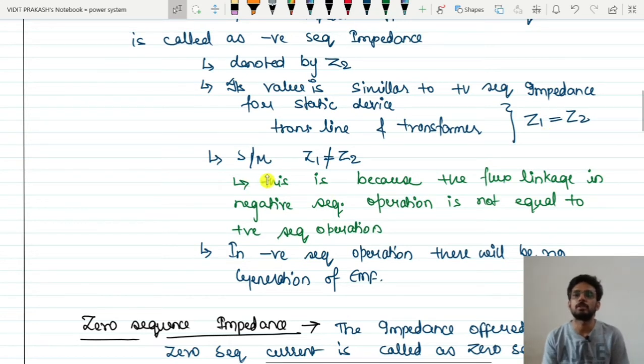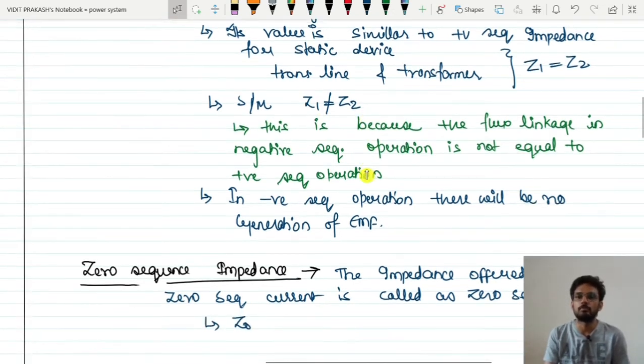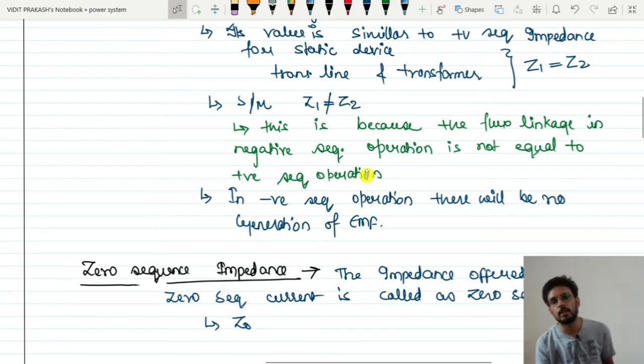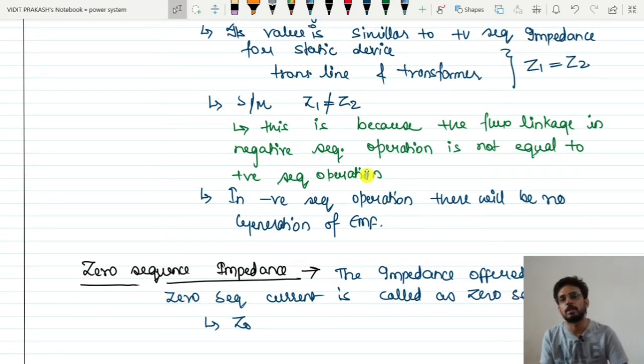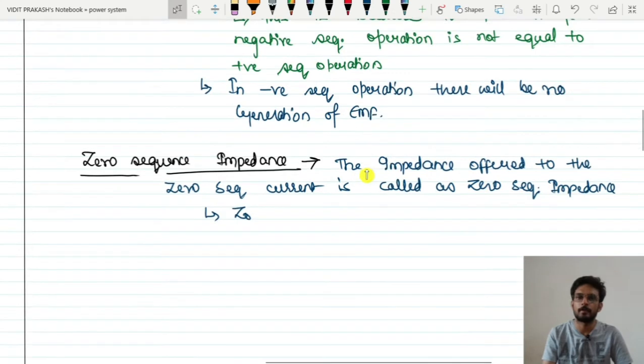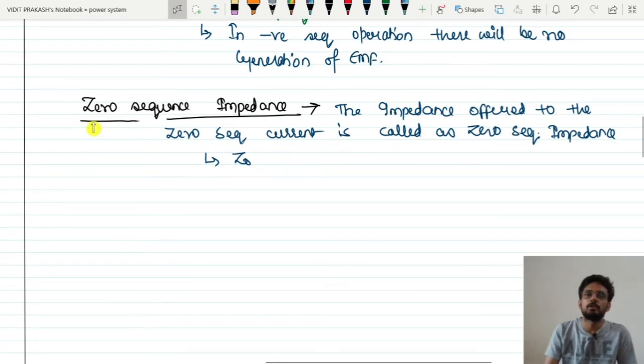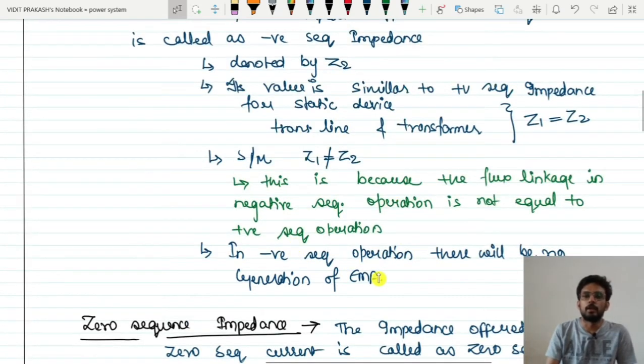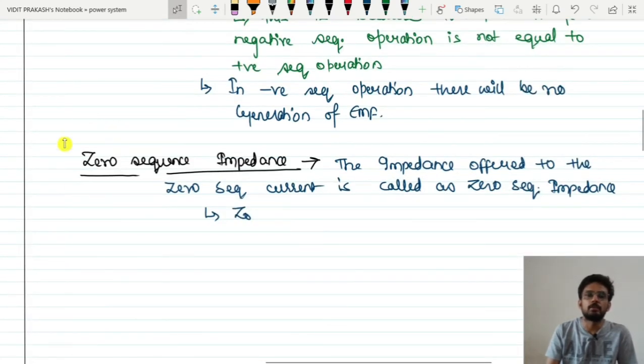But in the case of a synchronous machine, which is not a static machine, Z1 is not equal to Z2, because the flux linkage in the negative sequence operation is not equal to the flux linkage in positive sequence operation. And in negative sequence operation there will be no generation of EMF, right? We'll see this point while deriving the sequence impedance in a machine.